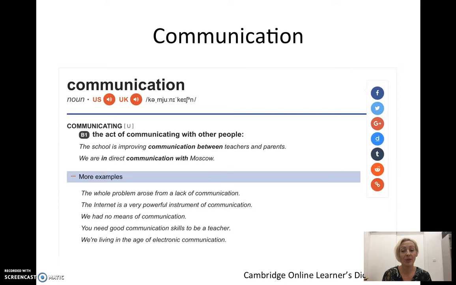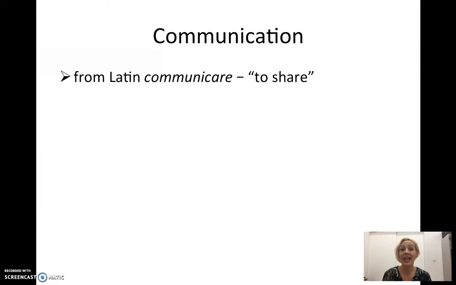The whole problem arose from a lack of communication, or the internet is a very powerful instrument of communication, or we had no means of communication. So what is communication? Well, when we look at where the word comes from, it comes from the Latin word communicare, which means to share. So communication is about sharing.